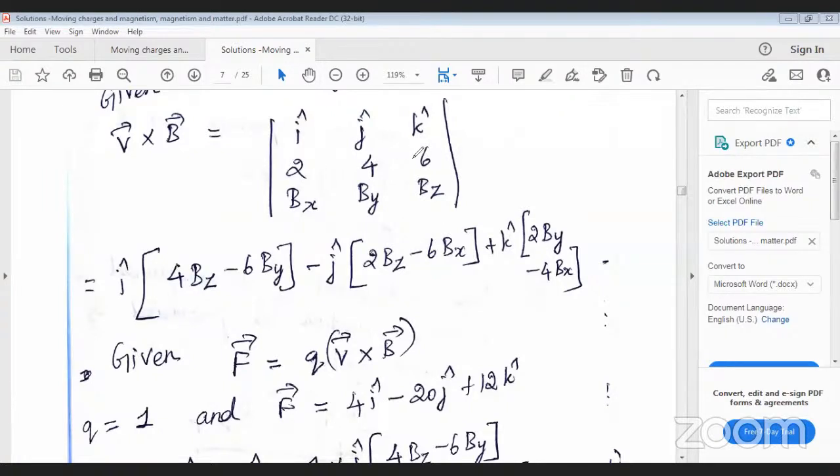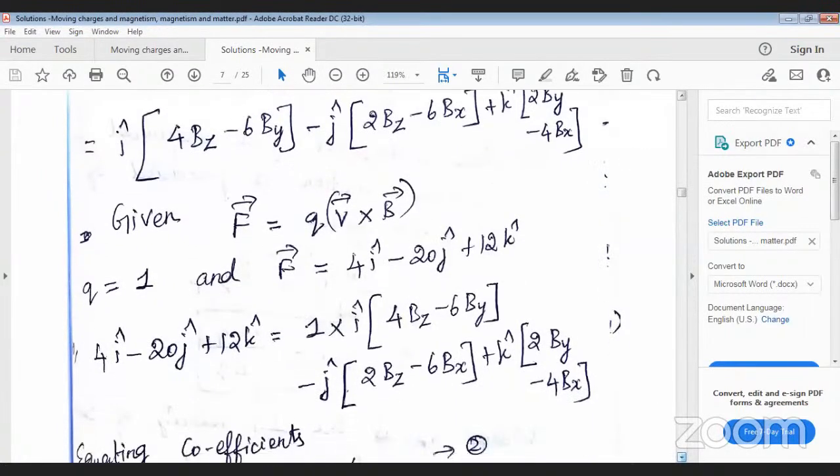then what you have to do? You have to hide the column containing this k, and then the row containing k. So that means you have to hide this thing. Then what you will be getting? 2 into by minus 4 into bx. So like that you have to put, and after that you have to put f equal to q into v cross B, and then you have to continue.